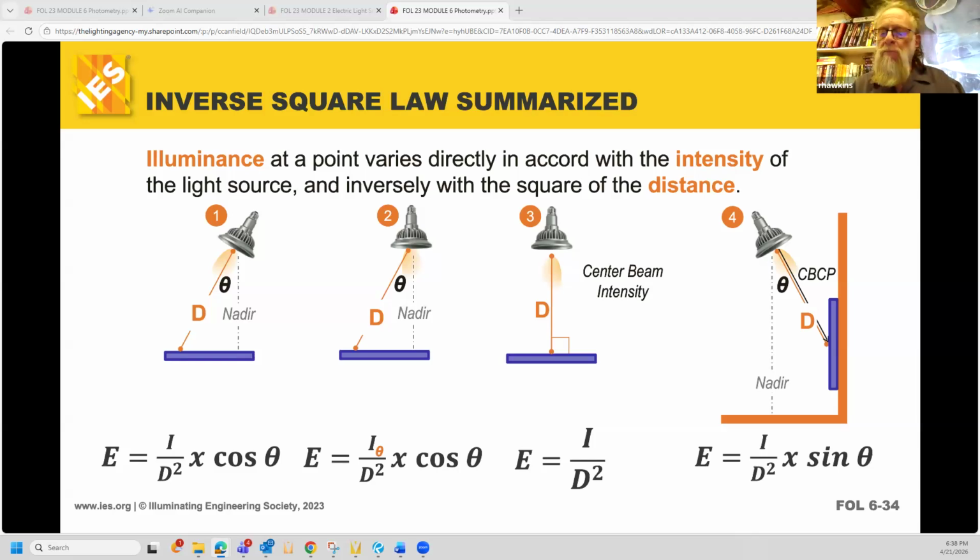So if you have a downlight, you have 1,200 candela coming out of that downlight, and you put it at 10 feet above a floor. E equals I, 1,200, divided by D squared, 100 in this case. So you have 12 foot candles straight below a fixture.